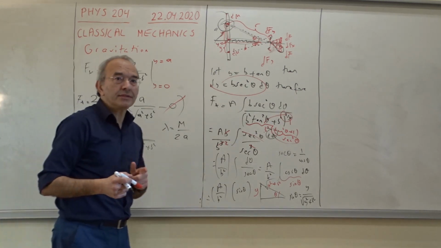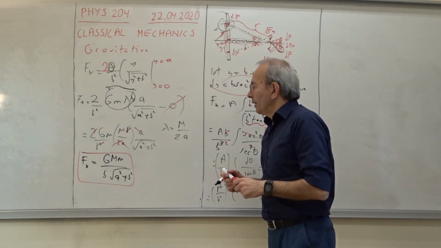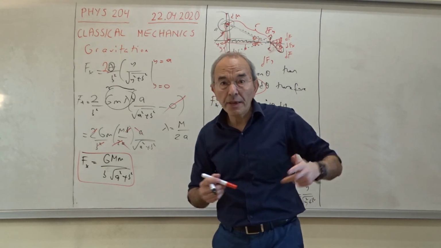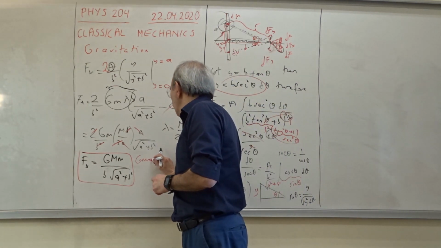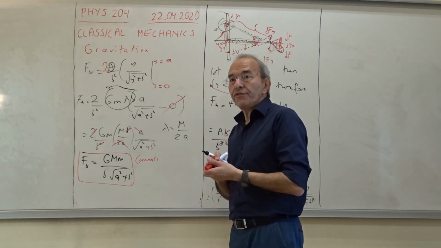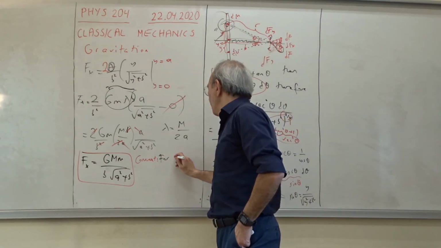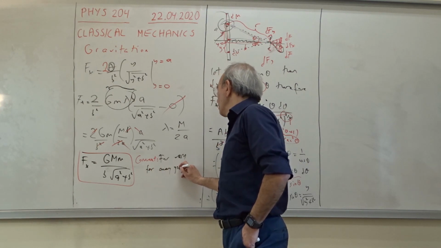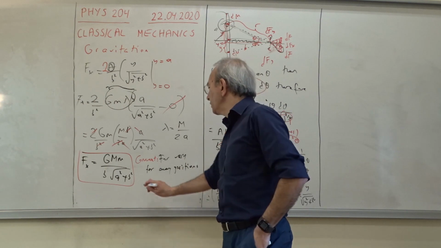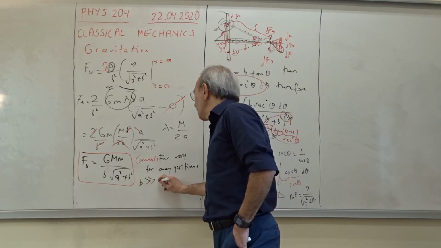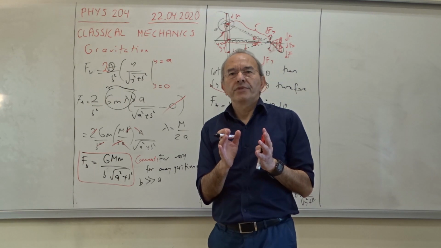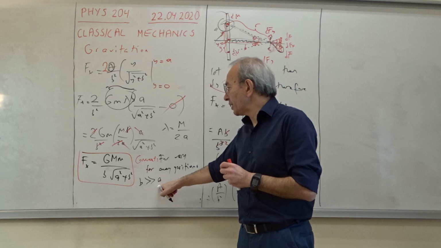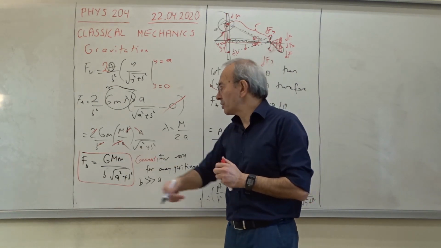And let me write an immediate comment. For much larger distances away from the rod, what do we expect? Comment: for very far away positions, b is much, much greater than the dimension, the size of the object, 2a or 3a, 1a. So b should be much, much greater than a. What happens to this result?